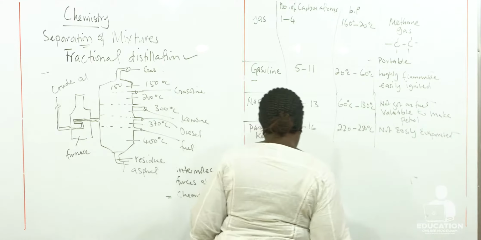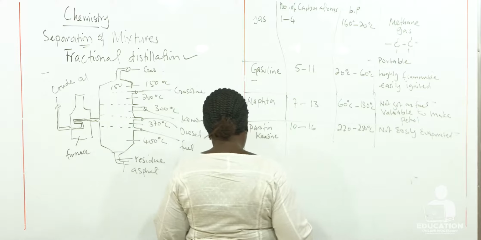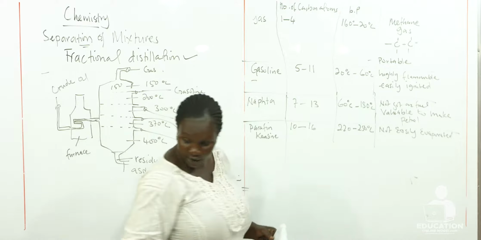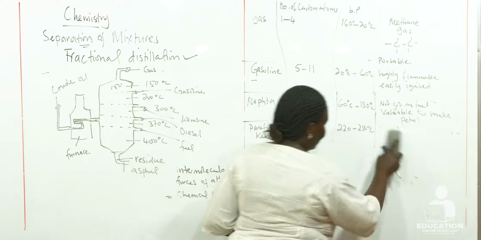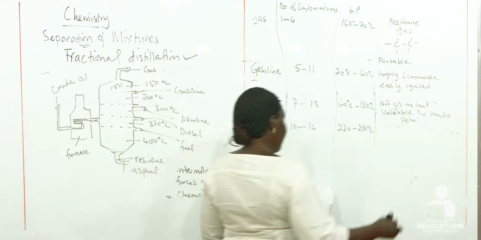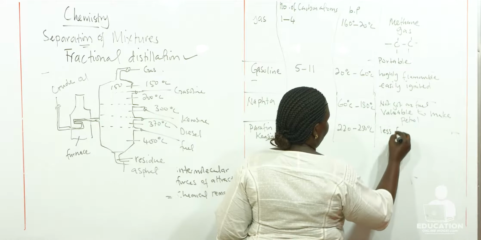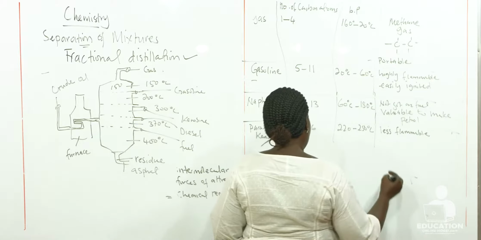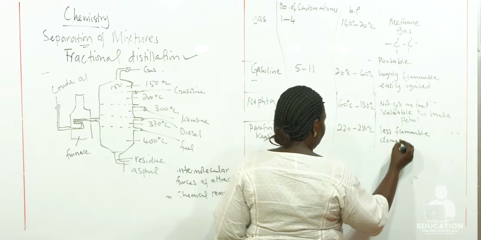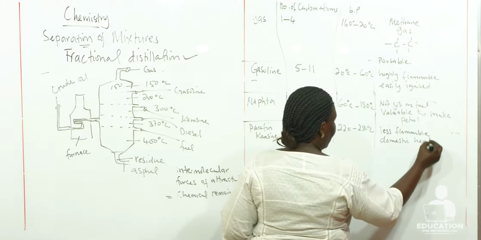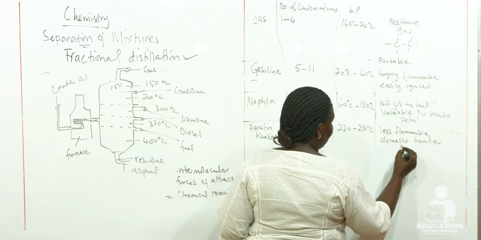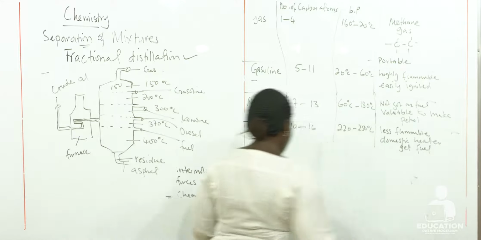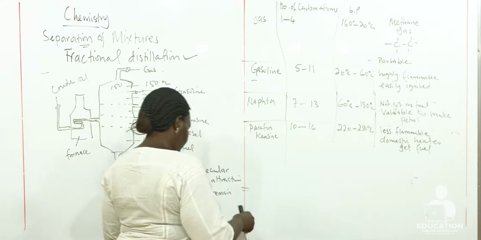And then also it is less flammable than petrol. At homes we use it for domestic heaters, and it is mostly used as jet fuel for flying planes.